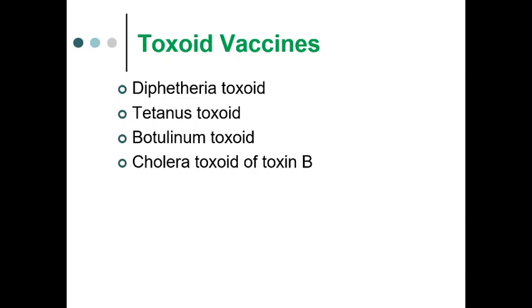First, to convert them into toxoid, one needs to produce toxin in large quantities. Therefore, these deadly bacteria like diphtheria, tetanus, botulinum or cholera can be grown in a medium, and that medium will contain human blood broth.